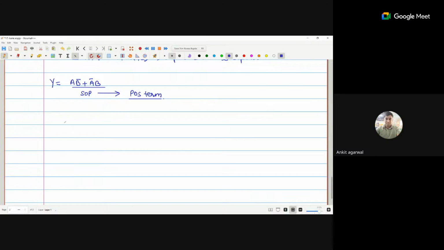For this, a particularly important theorem is defined, called De Morgan's theorem. What does De Morgan's theorem say?